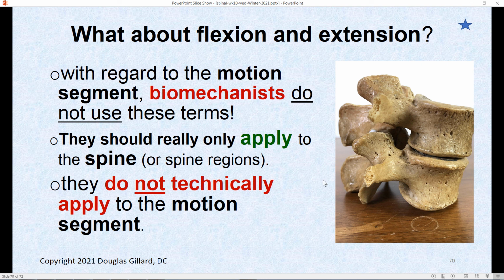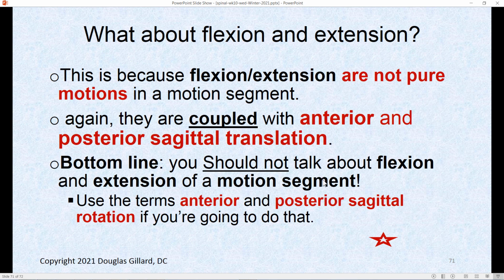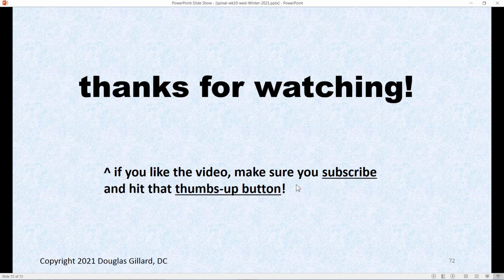So you shouldn't really talk about it, even though we do to test you, just keep in mind that those are coupled together. We've talked about that, right? Flexion extension are not pure. They're always coupled with sagittal translation. And bottom line, you should not talk about flexion extension of a single motion segment. It's better to talk about flexion extension of the entire lumbar or cervical or thoracic spine.